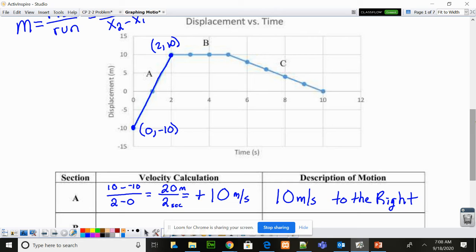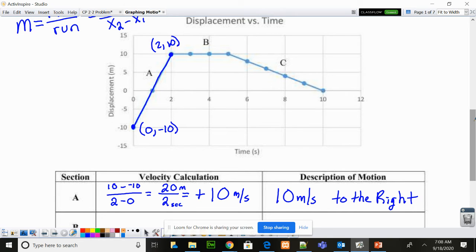I'm going to go ahead and work on section B with you and section C as well. So here's section B, and again, it's a nice straight line. I can use any 2 points. I'm going to use the first because I've already got it labeled, and then I'll use the last, which I guess is 4, 6, this is probably 5, so over 5 and up 10.